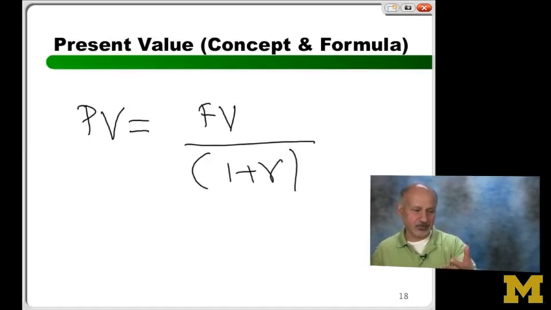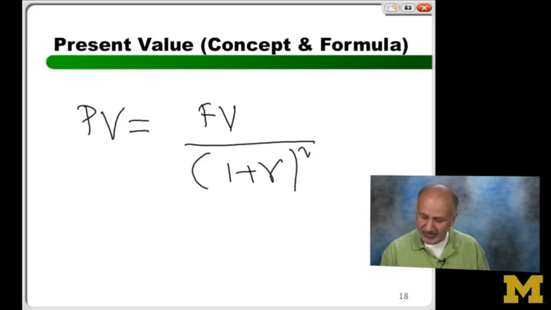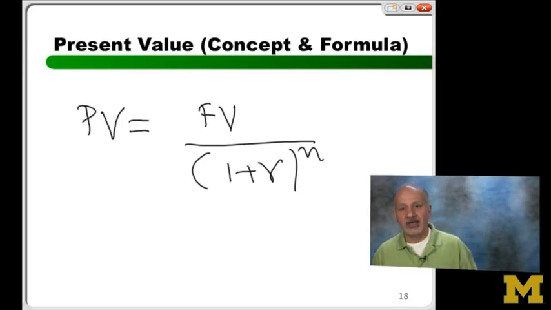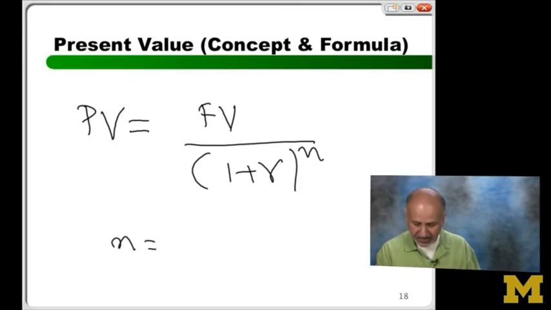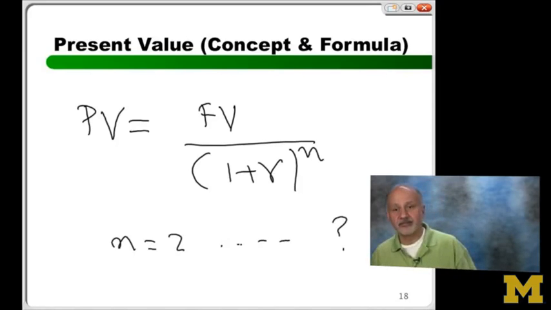In our case it was 2, because the future value of 121 was occurring when? 2 years from now. In this case it will be raised to the power n, where n in our example was 2 but could be anything, right?